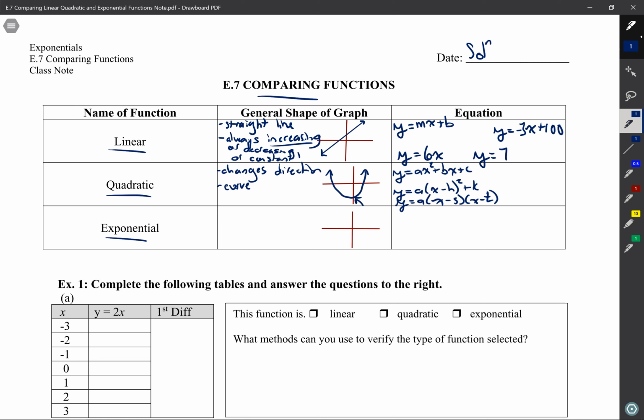So an example of a quadratic equation might be y equals negative (x plus 1) squared plus 7. Either way, what we're going to see in a quadratic equation is an exponent equal to 2, and in the base of our exponent will be an x.